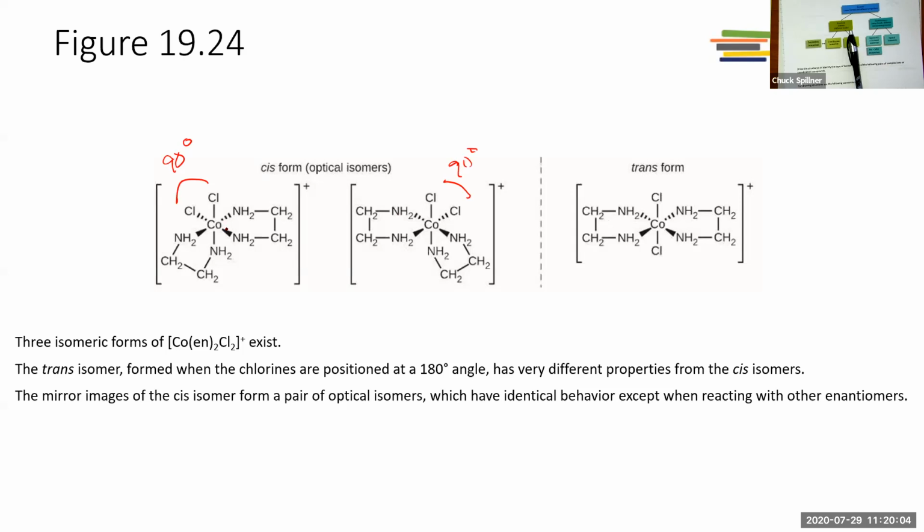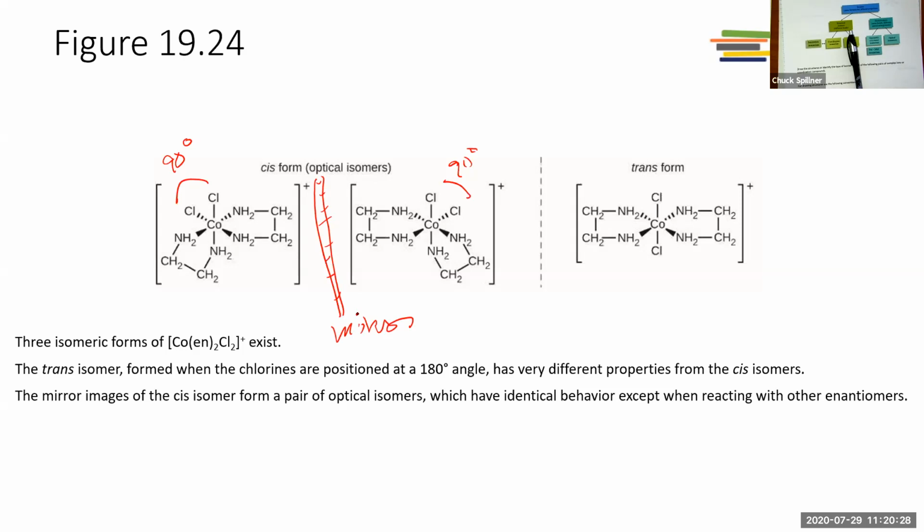You notice these bonds are coming up, so the wedge bonds are the same. If you look at these structures, you can imagine a mirror in between. So here's our mirror. The structure on the left is a mirror image of the one on the right and vice versa.